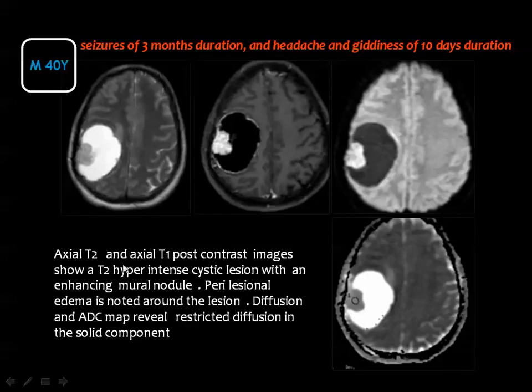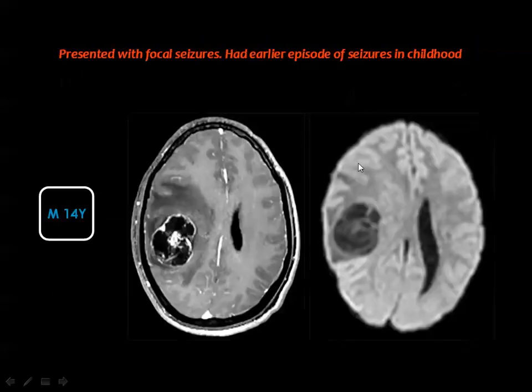Okay. Then this is a lesion with a cystic component and enhancing mural nodule. And these are the diffusion weighted images and the ADC of the lesion. What do you think? Is this the PXA or meningioma with cystic component? Meningioma, because of the restricted diffusion.